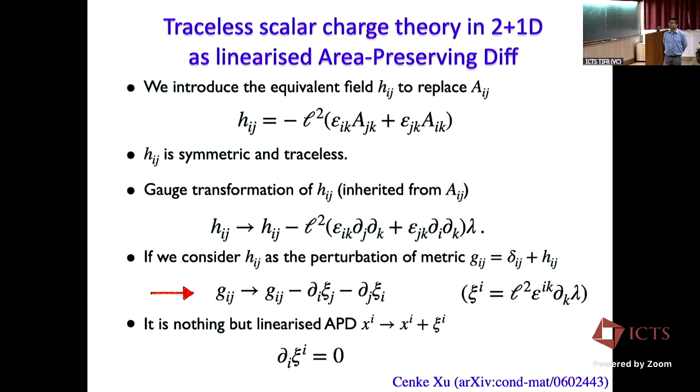Now if you consider Sij as the perturbation of the matrix, with the following form, delta ij is a connector, and Sij is the perturbation of the metric on top of a flat metric. Then this gauge transformation gives you the transformation of the metric. So it's nothing but a linearized version of the area-preserving diffeomorphism.